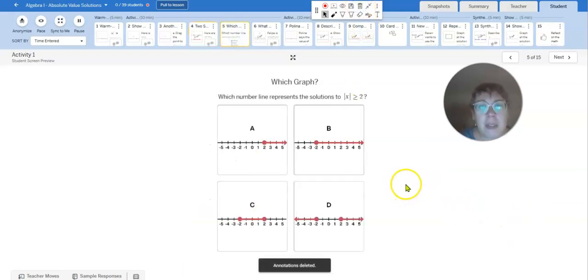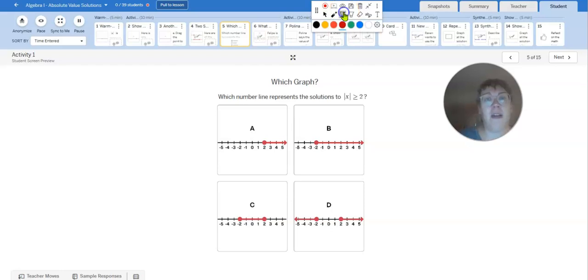Which number line represents the solutions to the absolute value of x greater than or equal to 2? So greater than or equal to means we're definitely going to have a closed circle, which is great. All of these do. And we want that absolute value to be bigger than 2.